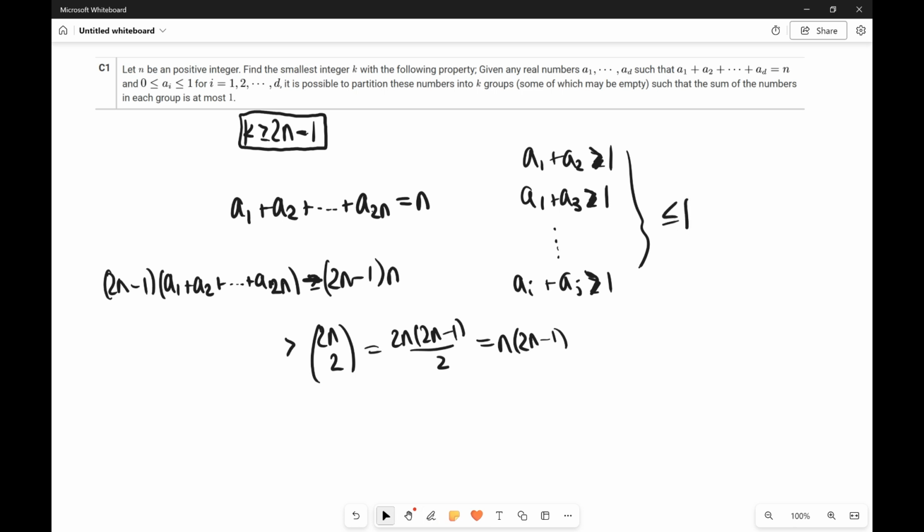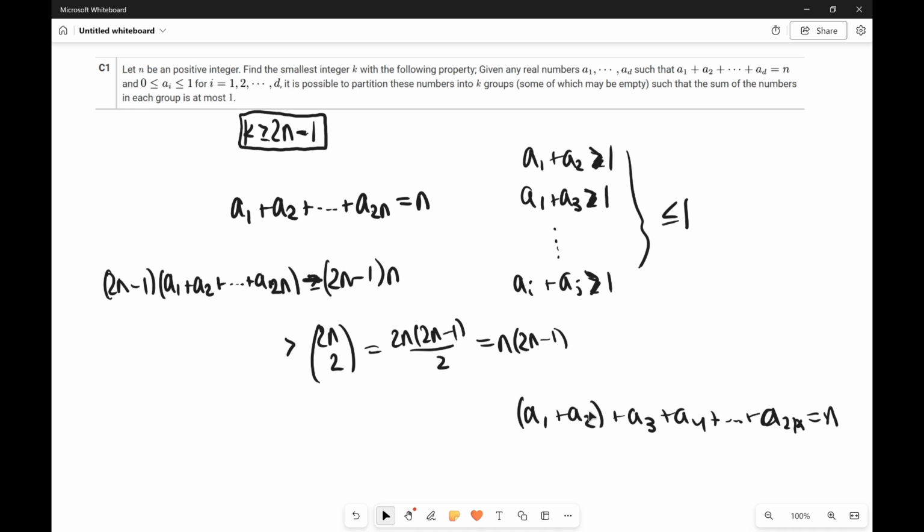Therefore, one of these pairs has sum less than or equal to 1, and we can combine them. And what happens when we combine them? We get one less number to think about, because we can just cluster them together. For example, we can consider a1 plus a2 plus a3 plus a4 plus so on to a2n is equal to n, and we can treat this as one number, this as the second, and so on to the 2n minus 1.